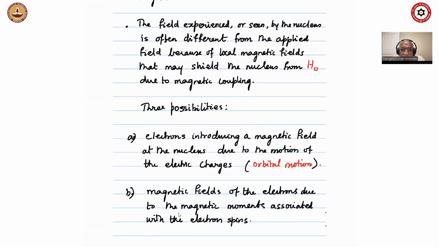The second is the magnetic fields of the electron, due to the magnetic moments associated with the electron spins. Okay? So one is the orbital motion, the other is the electron spin motion. The electron spin is an intrinsic property of the electron, a spin a half system, and therefore those magnetic fields can also interfere with the nuclear magnetic field.